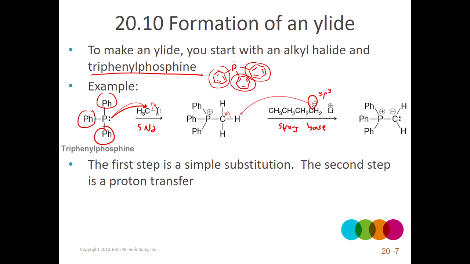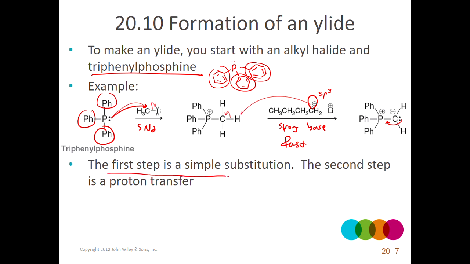It's not held that close to the nucleus. It really needs to be shared with something to be stabilized. So that's going to pick off a proton, and then the electrons would stay here, because here the negative charge is stabilized by resonance, and it's stabilized by being adjacent to a positive charge versus over here. So this second step here is very fast.